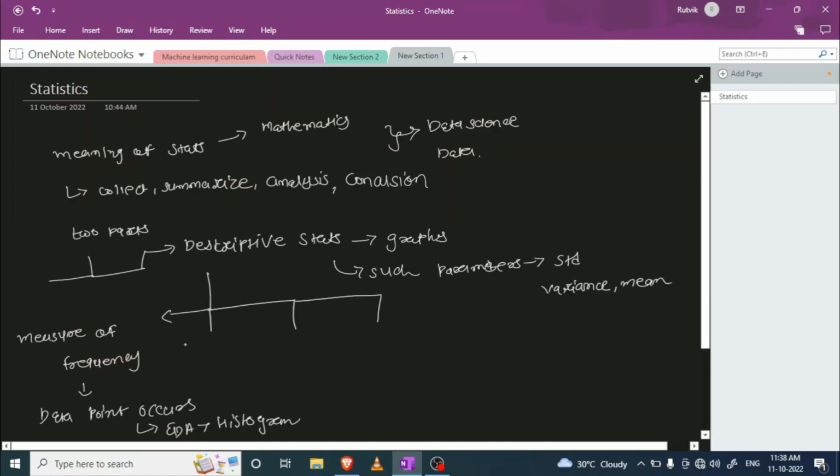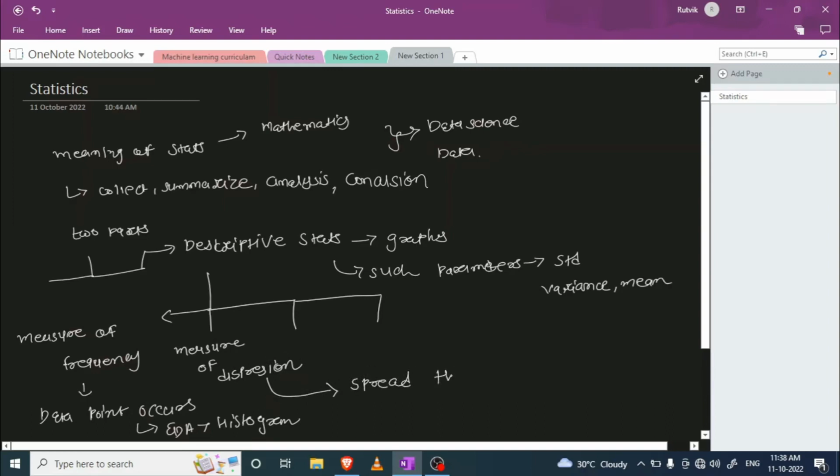In the second part, we measure dispersion. In this part we check how our data is spread.